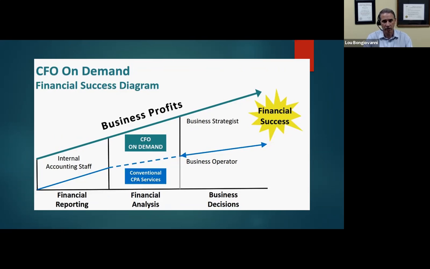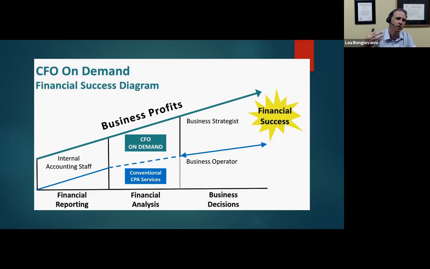We overlay conventional accounting services, whether it's your internal accounting department, and with the help from your outside CPA who's on your tax return or maybe financial statements, we add a layer of financial analysis to give you the ability to do the things we talked about and really get the metrics you need and make suggestions on how to improve it.